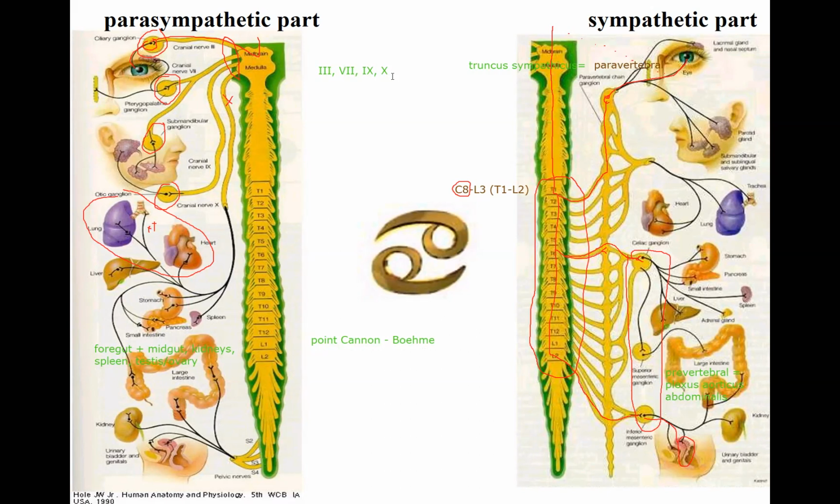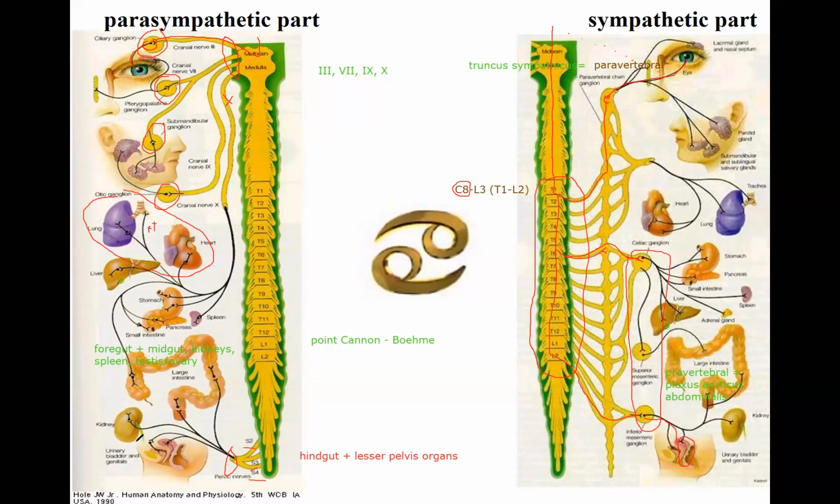That means this part innervates the hindgut plus the lesser pelvis organs. How do we call this part? As you can see, it leaves at S2, S3, S4, and it forms one common plexus here. We will talk about this. So you can see that the parasympathetic system is the system of the head and sacral area. So we call it the craniosacral system.